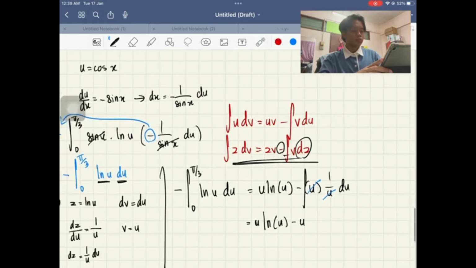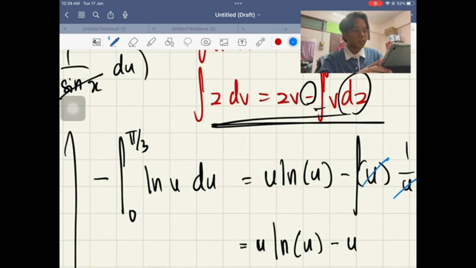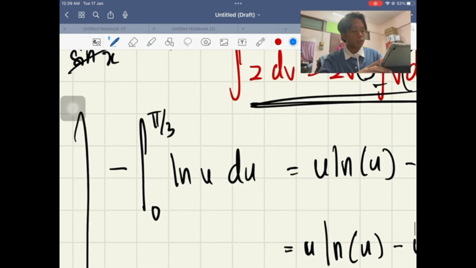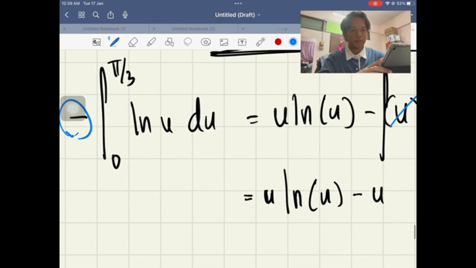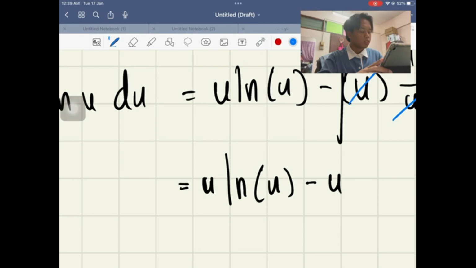So before we continue, we need to remember that our equation has this negative. So from this, we need to change the positive and negative here and here.